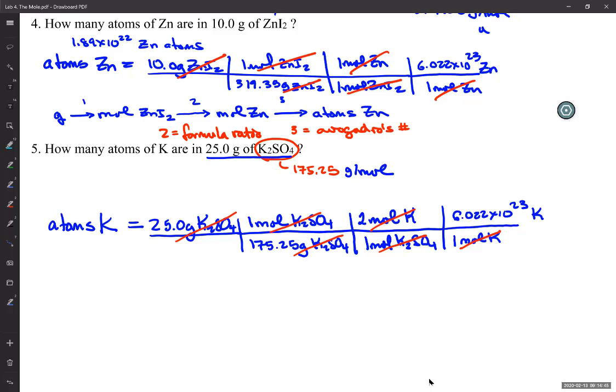You just go step by step and do each next operation. The order of operations for multiplication and division doesn't matter, so you can multiply them all, divide them all, it's up to you. I'll let you figure out that answer. Throw it in your calculator. I'll give you a second to finish working it out.